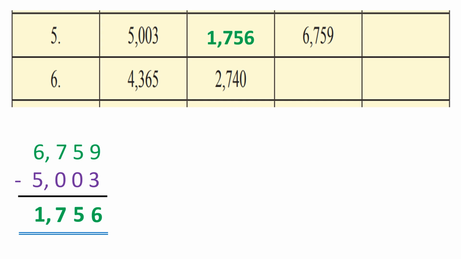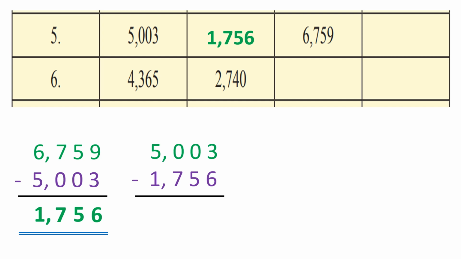And then to get the difference, you subtract the first number and the second number. 5,003, the first number, minus 1,756 for the second number, then you get the difference. 3 minus 6 cannot be.